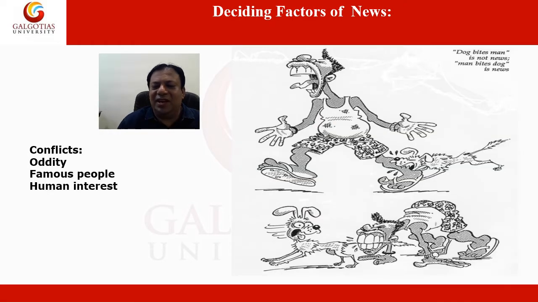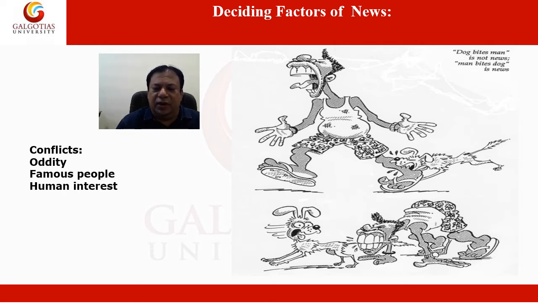As far as the deciding factors of news selection are concerned, we have a lot of information, but this information doesn't qualify the parameters of news. That's why there are certain criteria that we are supposed to follow, and then we will be able to write a particular news story.